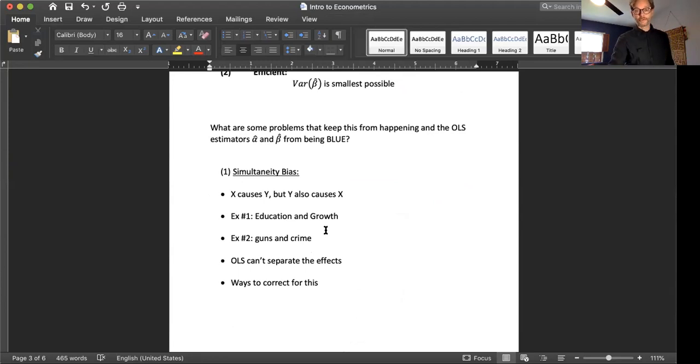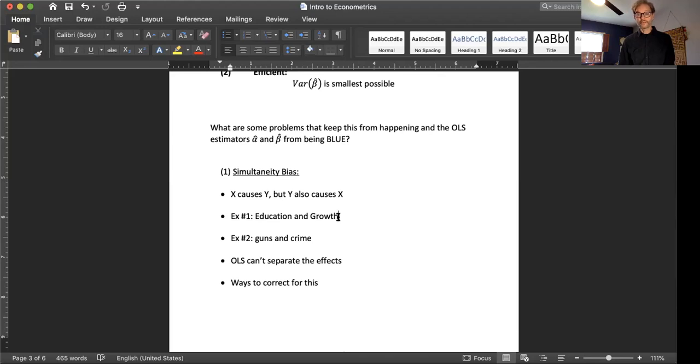Here are a couple of other examples, not necessarily from finance but from economics, of where you might get simultaneity bias. What happens if you estimate how education impacts economic growth? Does education impact economic growth? Yes. Does economic growth impact the amount of education people get? Yes. Or how about guns and crime?